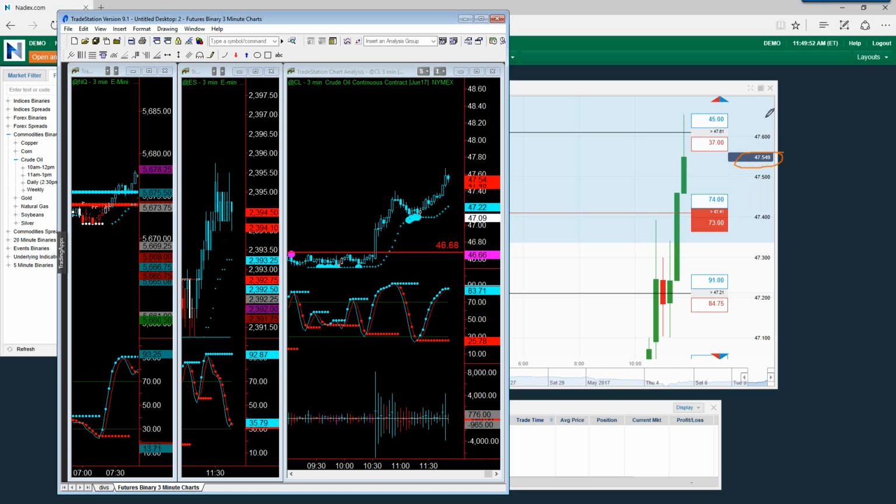But when you're looking at expiration, typically it's the last three numbers that are going to make it or break it. Some of the Forex markets are 5 numbers, some 4, some 3. So it does depend on the market. When you're looking at the indices, it's 2 numbers, I think.